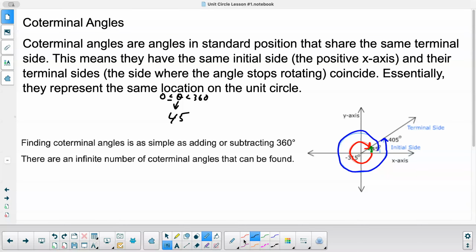But, if I keep adding, if I want to go this way, I'm going to add 360. And then I'm going to add 360. And you can keep on going, okay? And if I want to go the other direction, I can subtract 360. And you can kind of just keep on going.